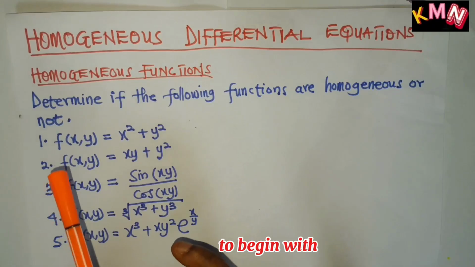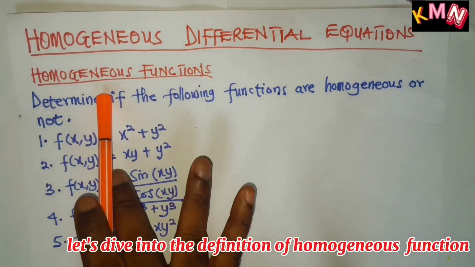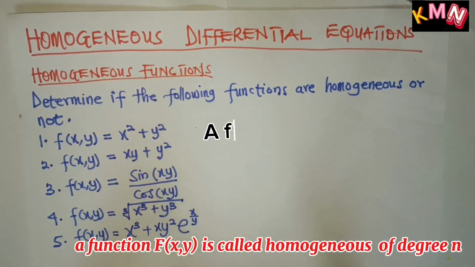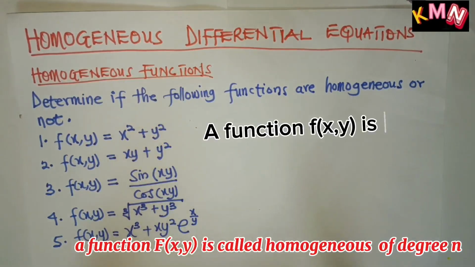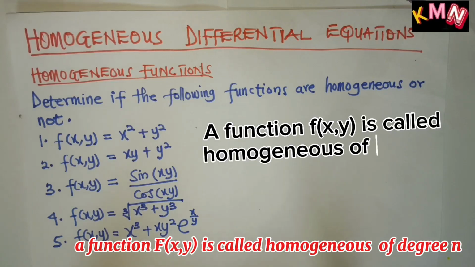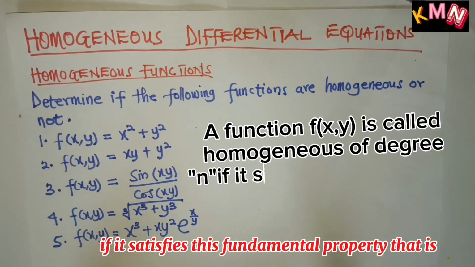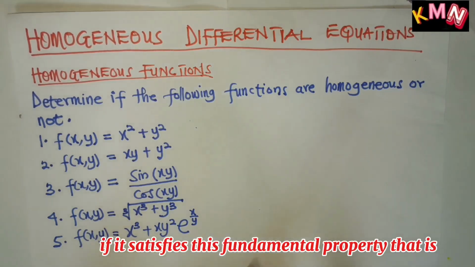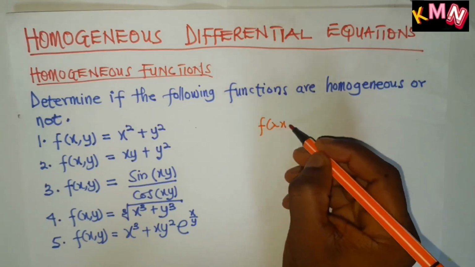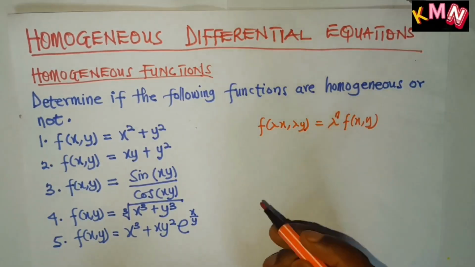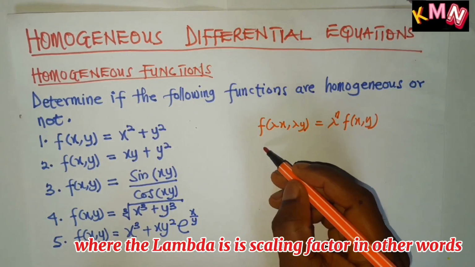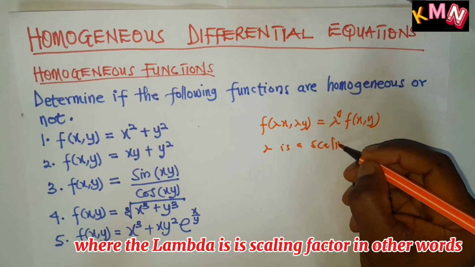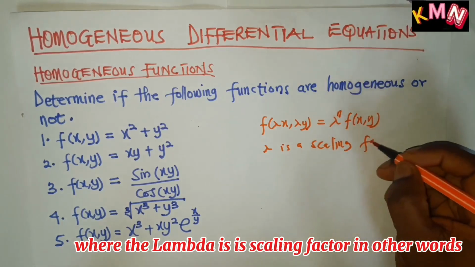To begin with, let's dive into the definition of a homogeneous function. A function f(x, y) is called homogeneous of degree n if it satisfies this fundamental property: f(λx, λy) = λⁿ f(x, y), where λ is a scaling factor.